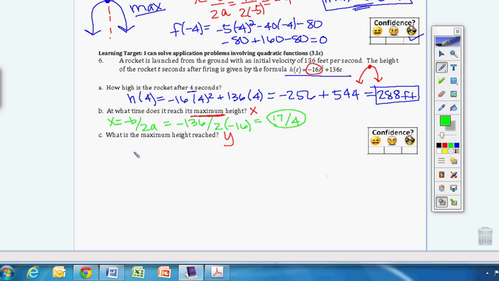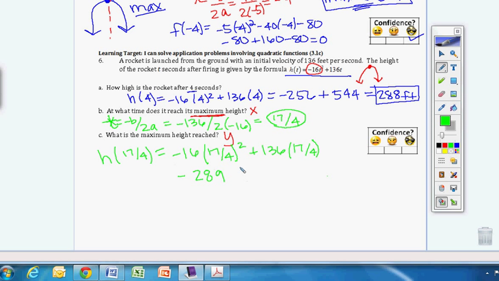What's the maximum height reached? I have f of, actually technically it's h of t, so h of 17/4 equals -16 times (17/4) squared plus 136 times 17/4. (17/4) squared times -16 is -289.